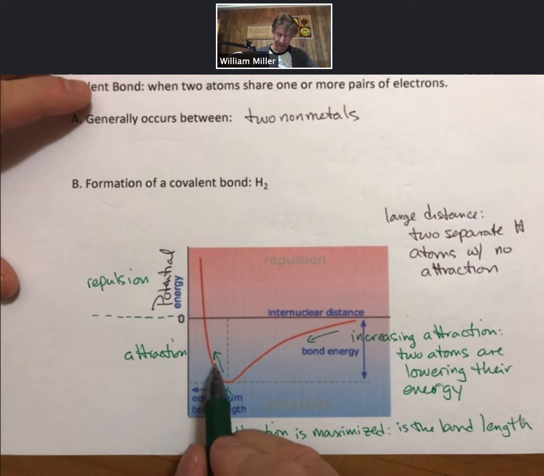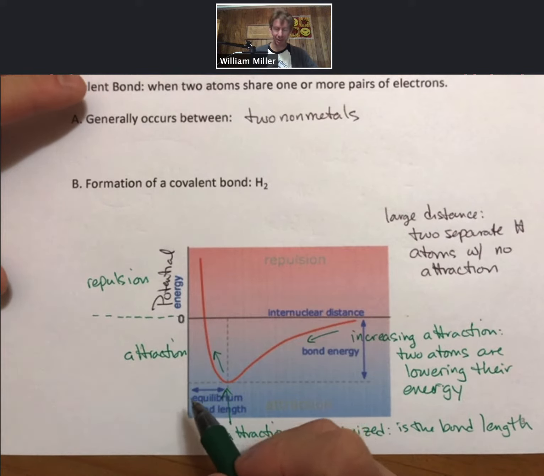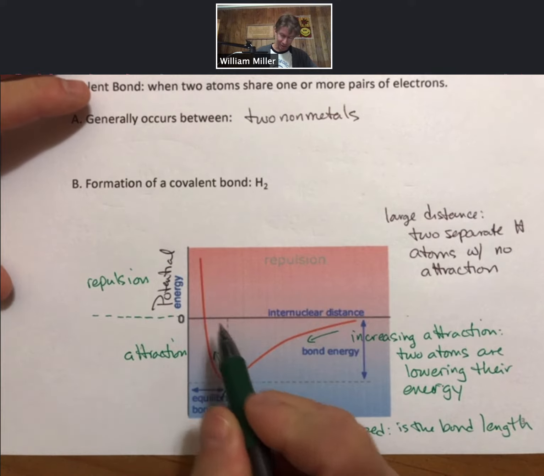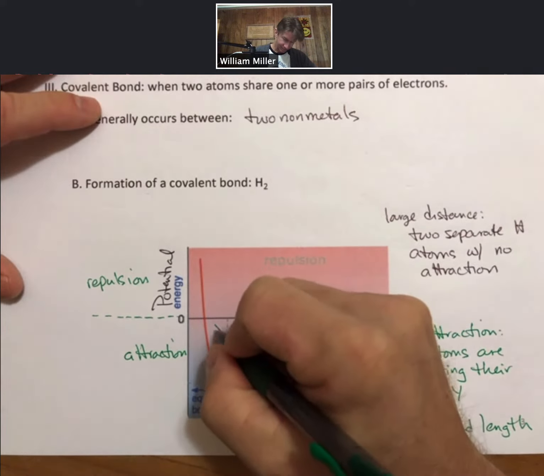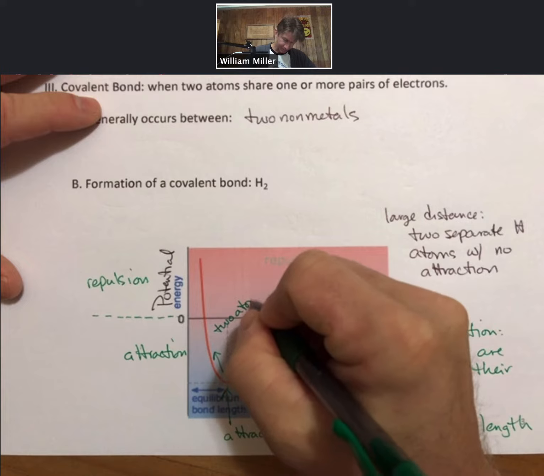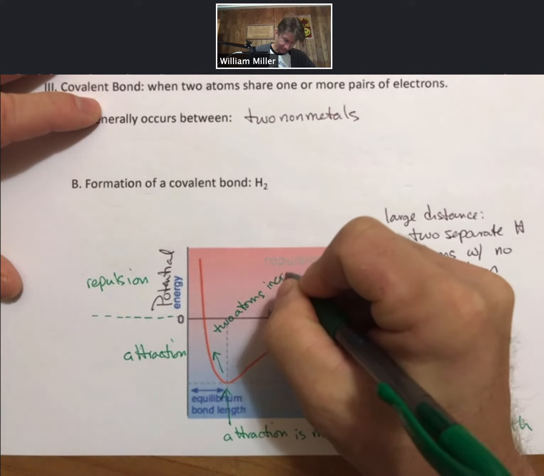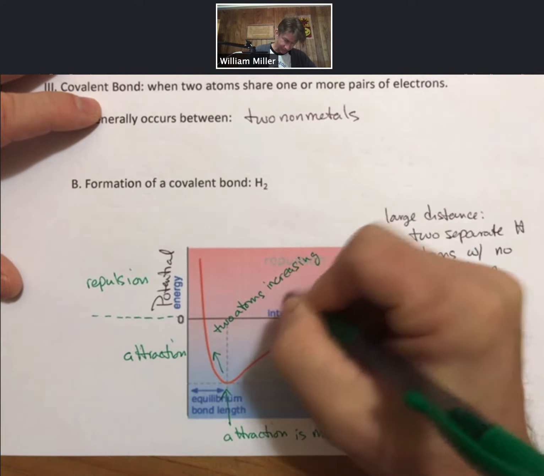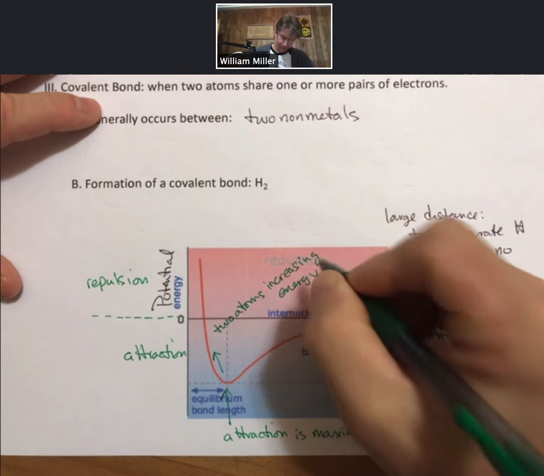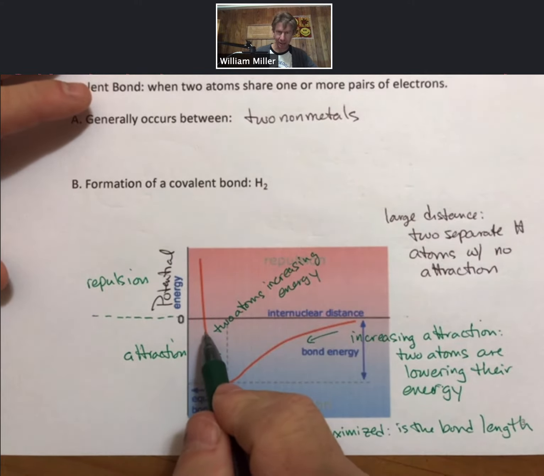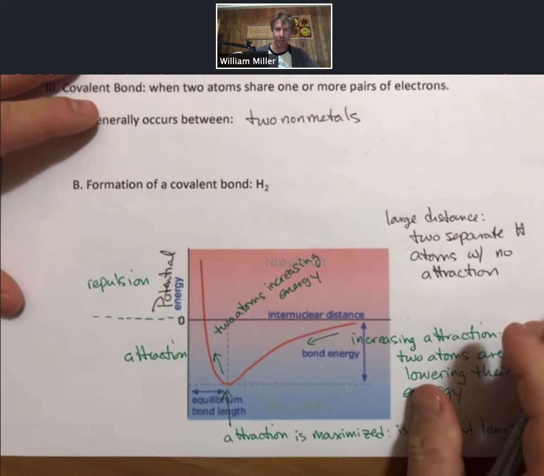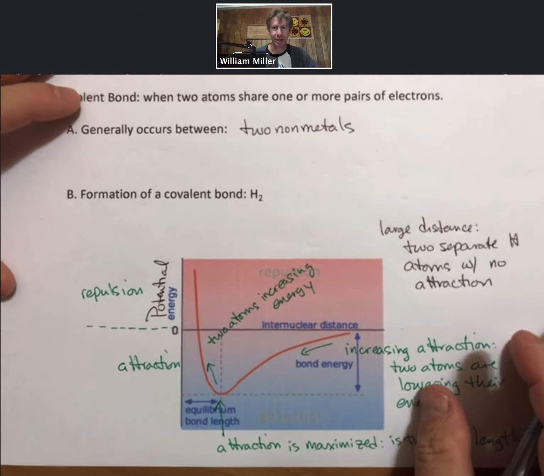So I guess the best way to put it is that the two atoms are increasing their energy as they get closer. And then it becomes less attractive between them, and finally repulsive.